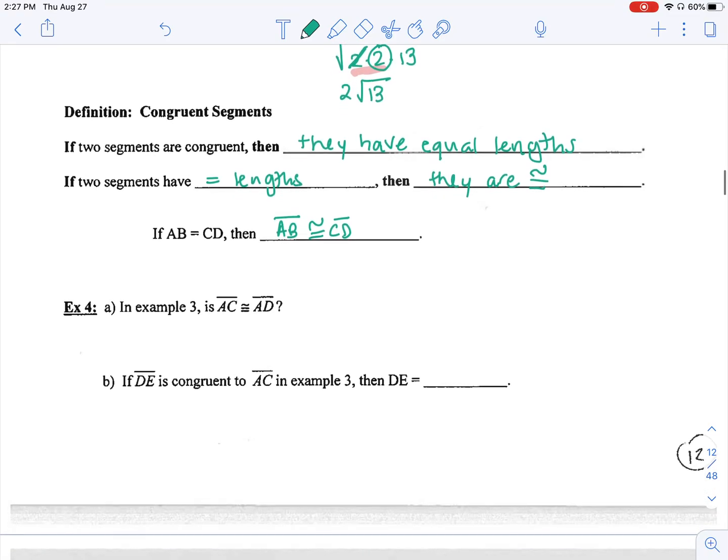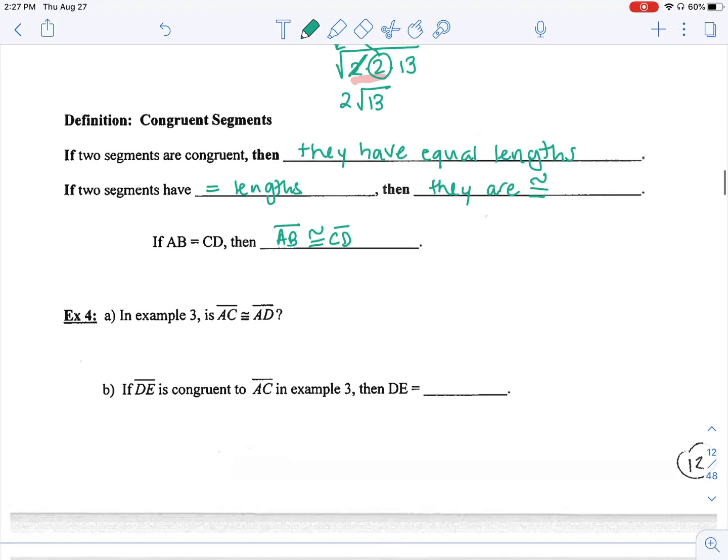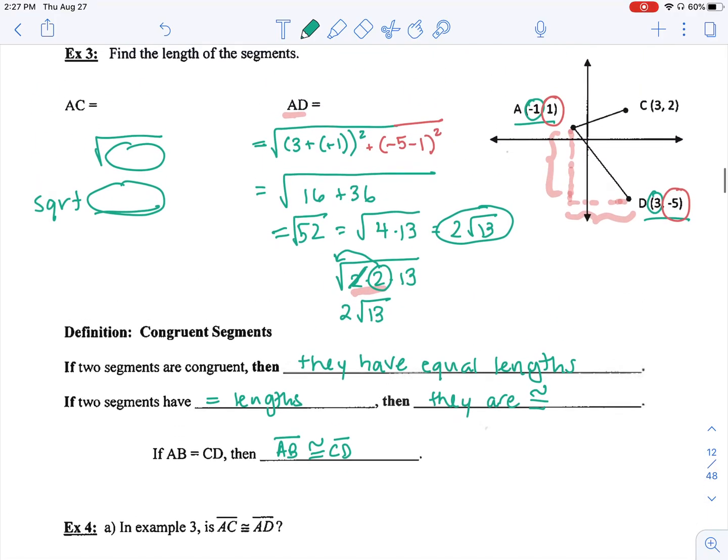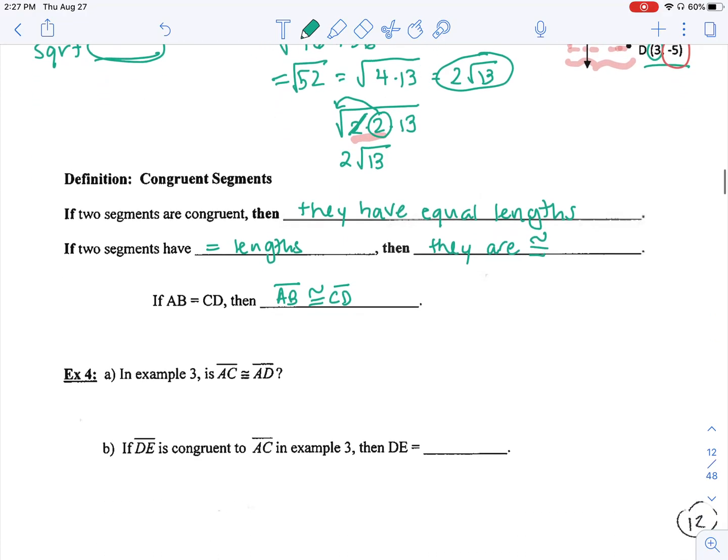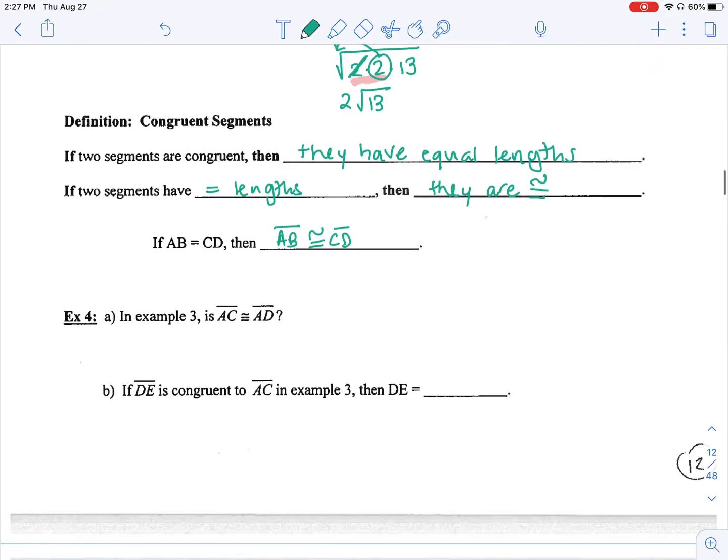And then for part B, if DE is congruent to AC, then the length of DE is equal to, and then go ahead and fill out the answer.